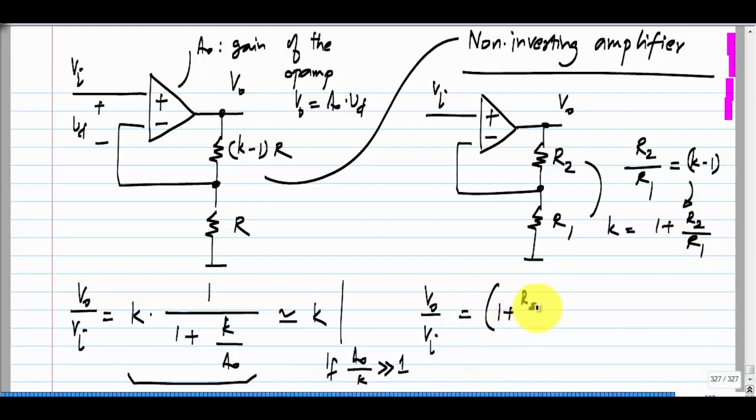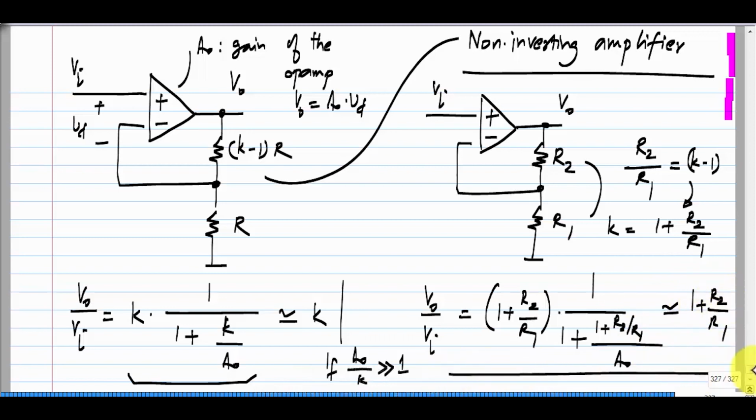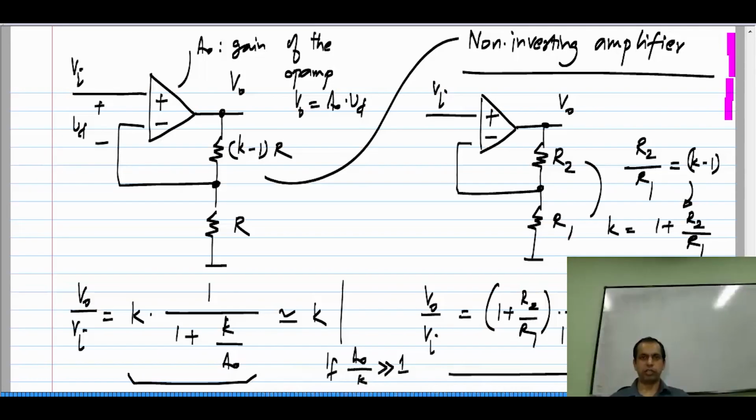So, the gain is 1 plus R2 by R1 times 1 by 1 plus R2 by R1 divided by A naught, which is approximately equal to 1 plus R2 by R1 if the op amp's gain A naught is very large. Some of you who are familiar with op amp circuits would already be familiar with this formula. What I showed you is how this negative feedback circuit is derived. Okay. It operates based on sensing the output, sensing a fraction of the output, comparing it to the input and driving the output strongly up or down based on the difference. Okay.